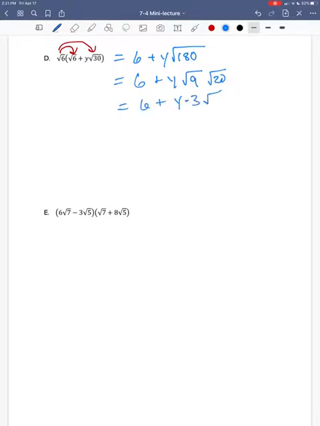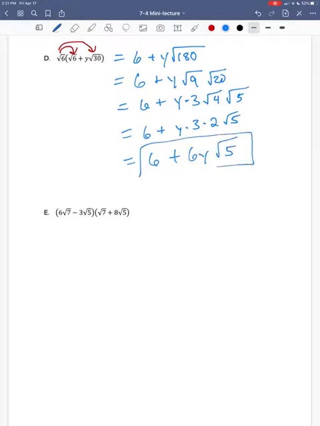But the problem is the square root of 20 can be broken down farther, because 4 goes into 20 and 4 is a perfect square. So I get 6, 2 times 3 is 6, the y sticks around, and so that would be my answer.